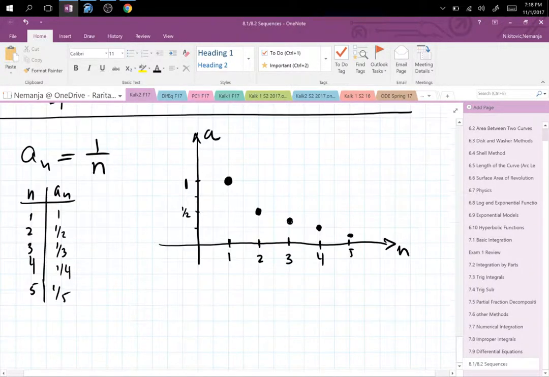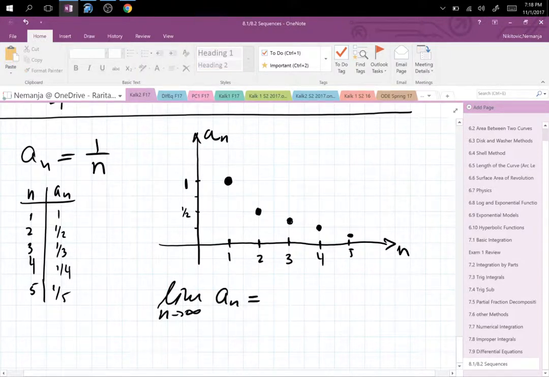And the last one here, as you let n go to infinity, a_n goes to what value? 0. So over here we can say, limit as n goes to infinity of a_n is equal to the limit of 1 over n as n goes to infinity, which is 0.